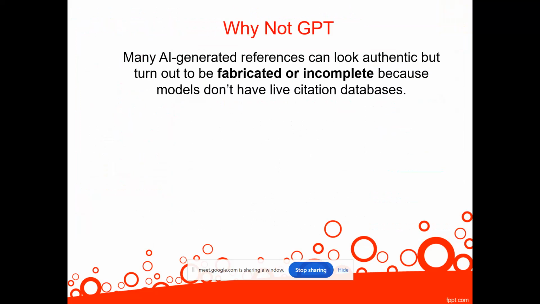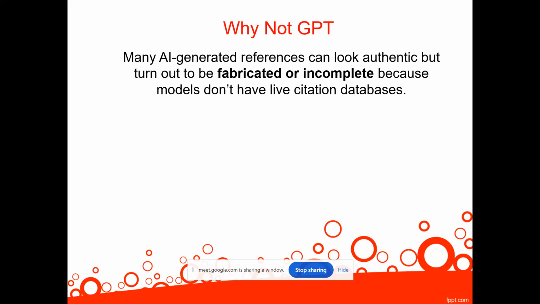Here is the answer for that. Why not ChatGPT? Many AI generated references can look authentic, but they turn out to be fabricated or incomplete because models don't have live citation databases. ChatGPT language models don't have any live citation databases, so it cannot give us proper references.